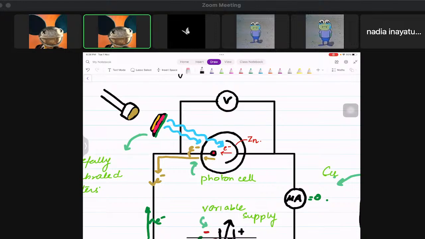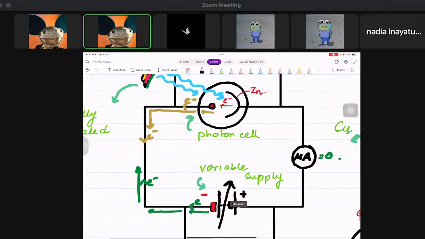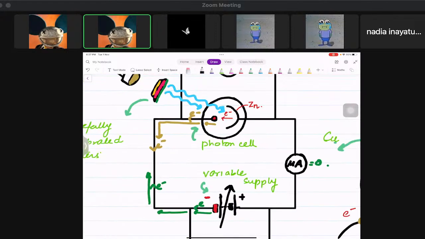But in reality, if you look at this part, the electrons are entering from the side which is connected to the negative terminal of the battery. Can you see? So actually, the battery is supplying the current in the green direction, such as to oppose the current that is coming from the photoelectric effect. Do you understand?